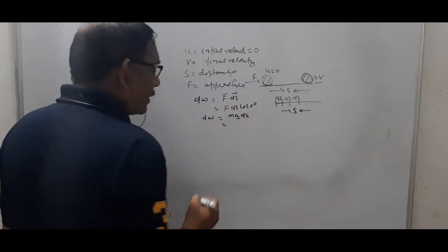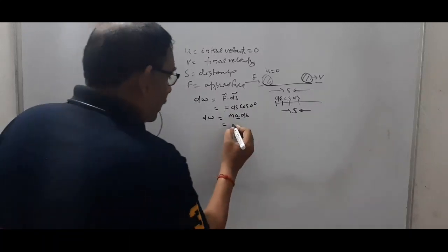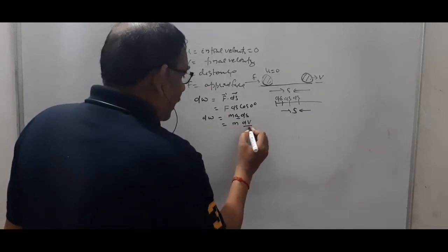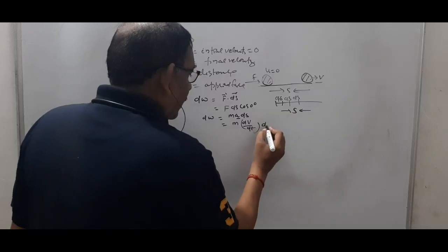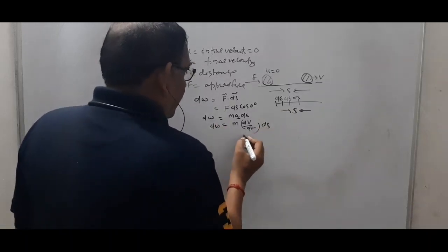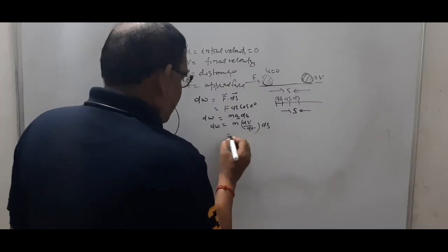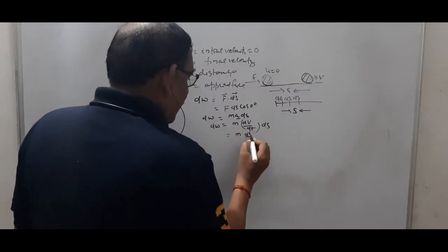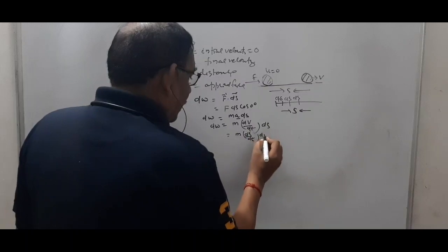Now convert the acceleration in terms of velocity, that is dv by dt. So dW is m dv by dt ds. Now arrange it as m ds by dt dv.